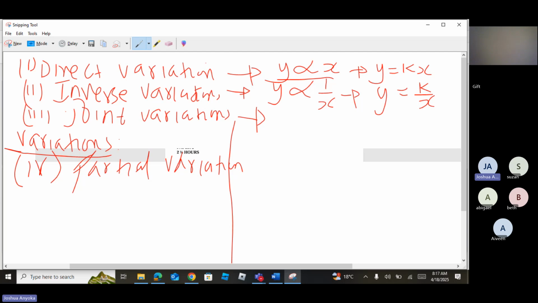In joint variation, we join the quantities. We say the quantity y varies directly as the square of x and inversely as x.